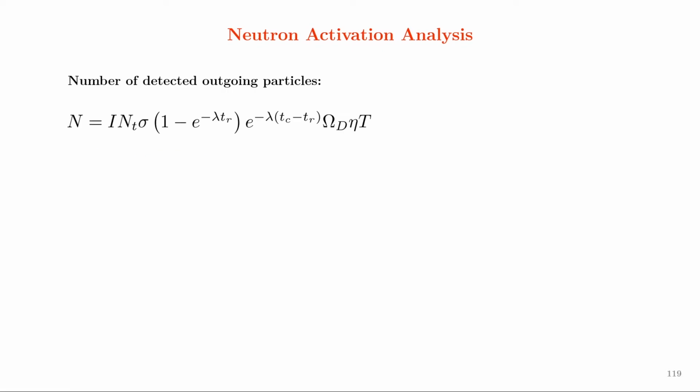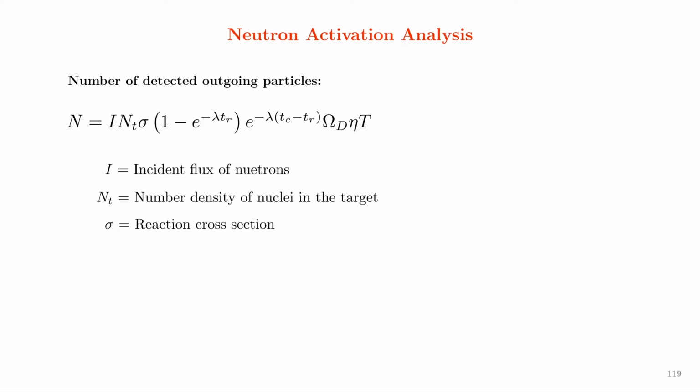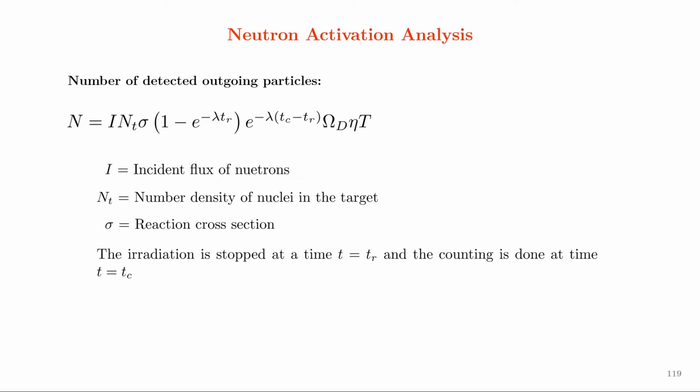The number of detected outgoing particles is given by N equal to I Nt sigma (1 minus e raised to minus lambda Tr) times e raised to minus lambda (Tc minus Tr) times omega d eta T. Here I is the incident flux of neutrons, Nt is the number density of nuclei in the target, sigma is the reaction cross-section, and it is assumed that the irradiation is stopped at a time t equal to Tr and the counting is done at time t equal to Tc.